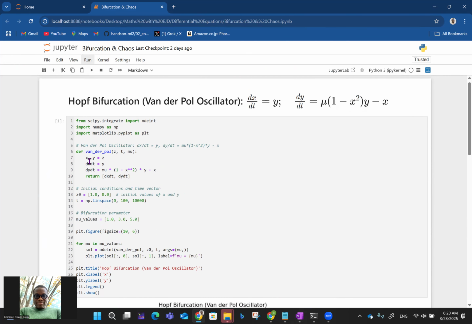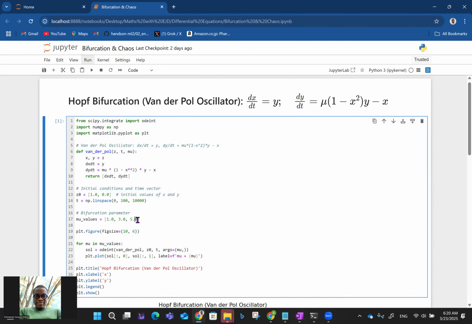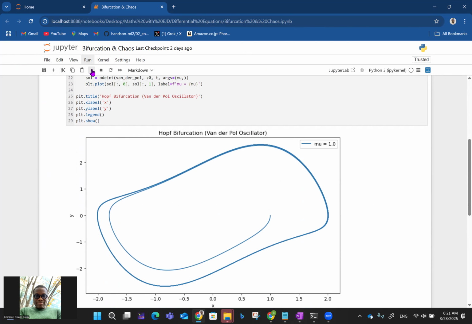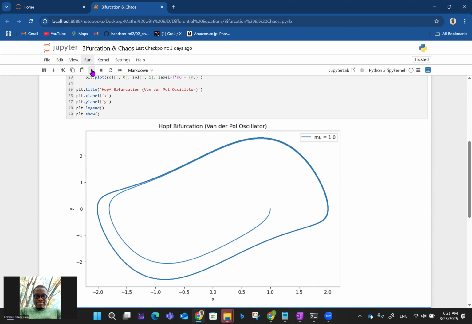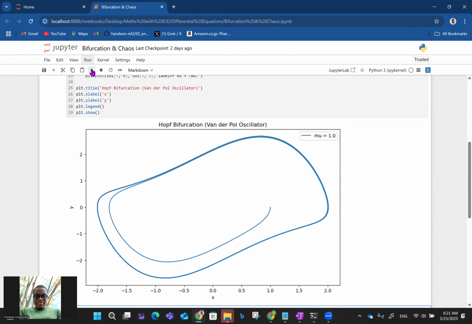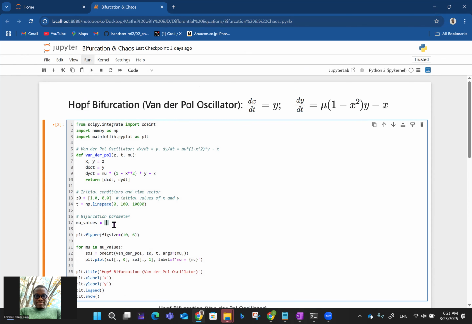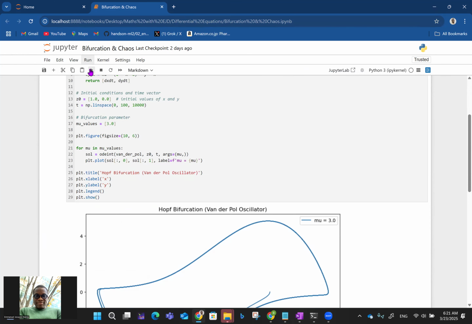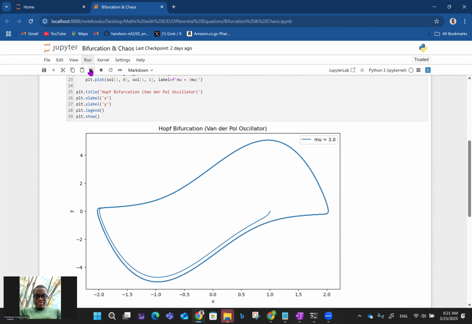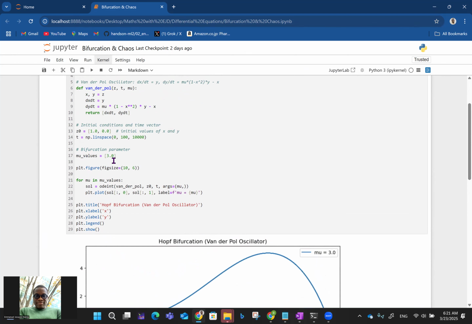To make things clearer, let's start with just one. With mu equal to 1, you have that oscillation going that way. So it's oscillating for sure. And then imagine if we have 3.0, you can see there's a bit more to that.